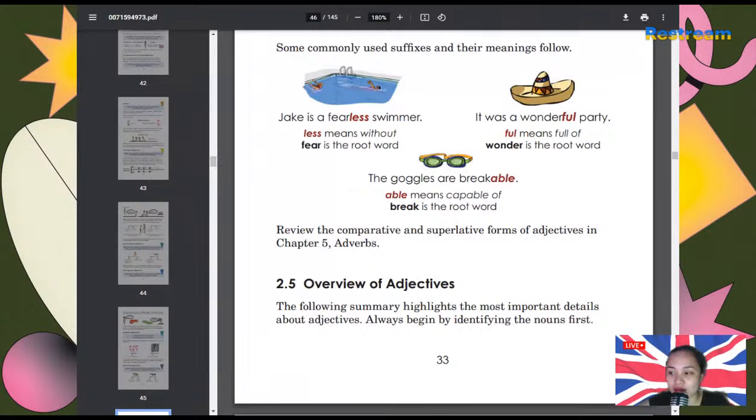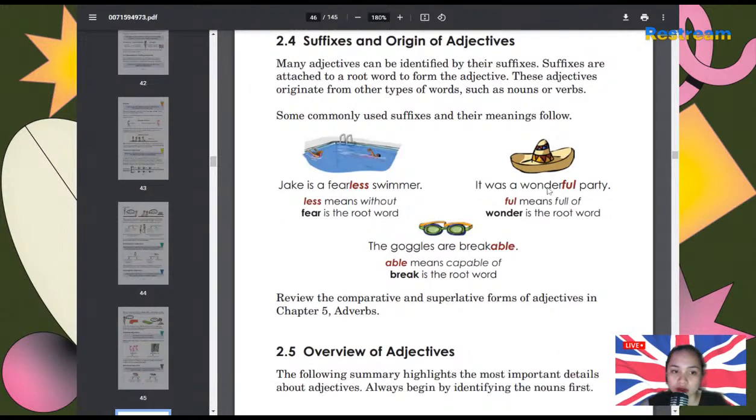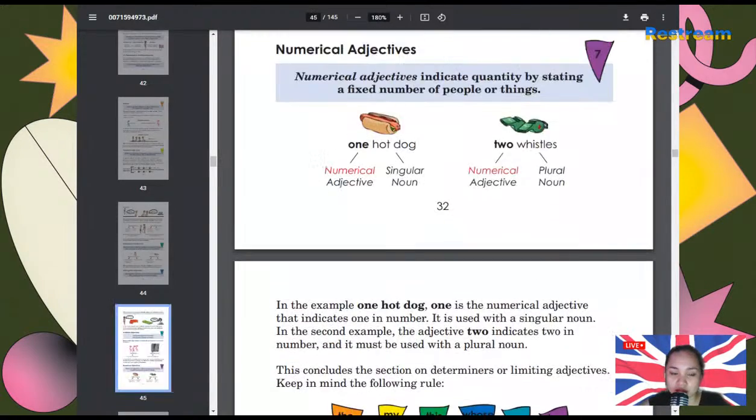A noun is either a person, thing, animal, or place. Identify it before you highlight the adjective, because again, an adjective is used to describe a noun or a pronoun.